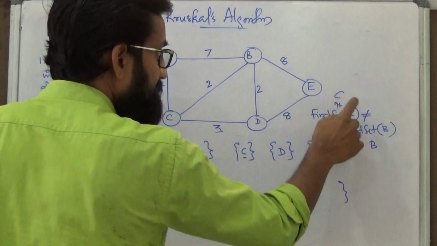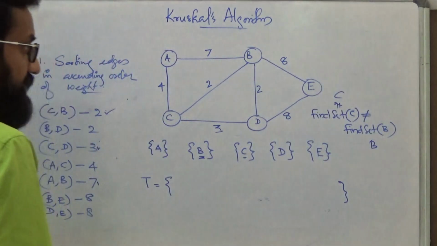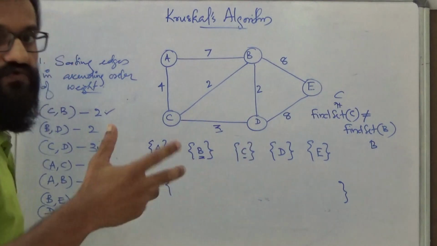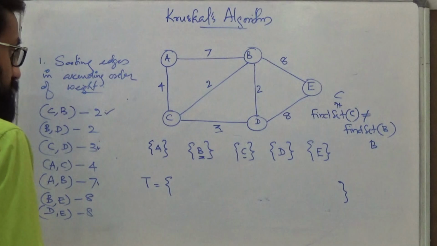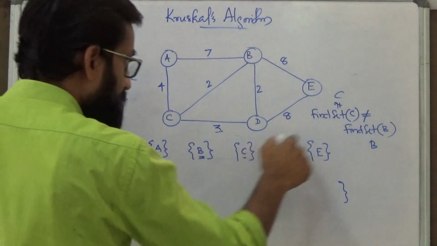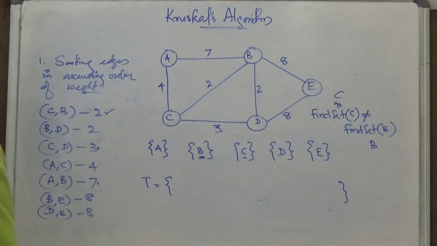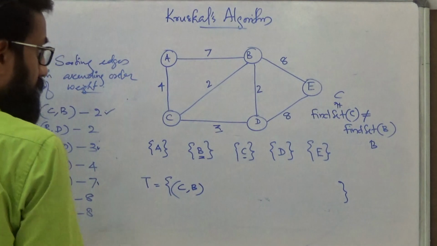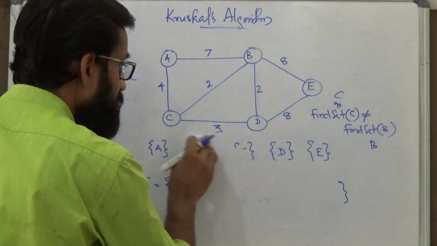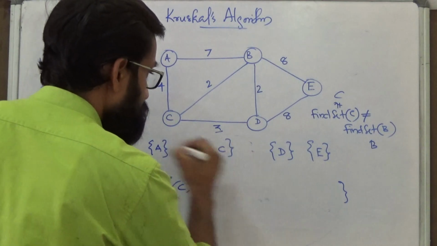So since find set C and find set B are different, you can say that B and C lie in two different sets, or two different components. If this condition is satisfied, edge CB is treated as a safe edge and CB will be added to the spanning tree. And you can perform union of B and C. So you will be getting a set containing BC.